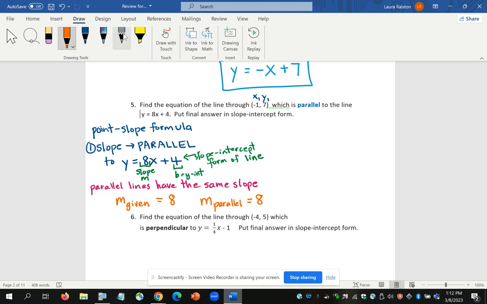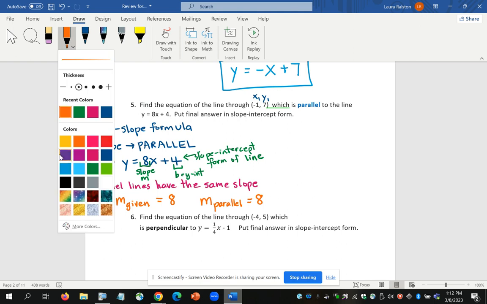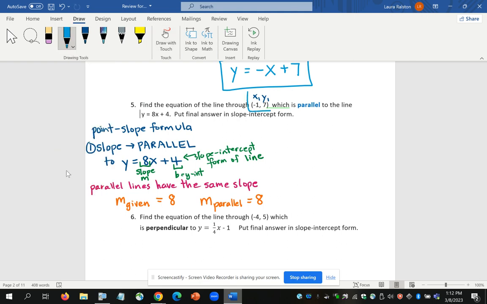So I'm going to use the point that I was given initially, which is -1, 7, and my parallel slope, and I'm going to substitute into point slope. Y equals m times x minus x1 plus y1.